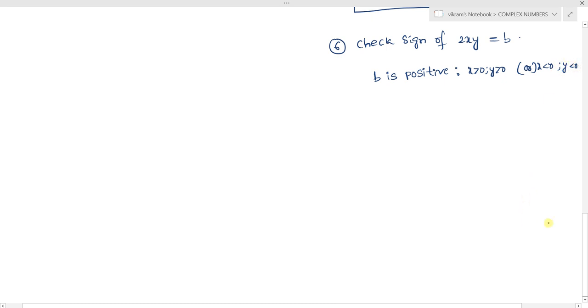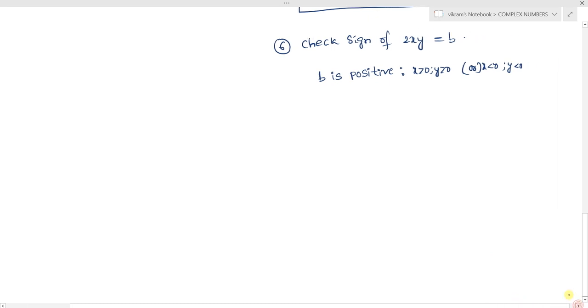If both are positive or both are negative, then we get b as positive. If b is negative, one must be positive and the other negative, or one negative and the other positive.